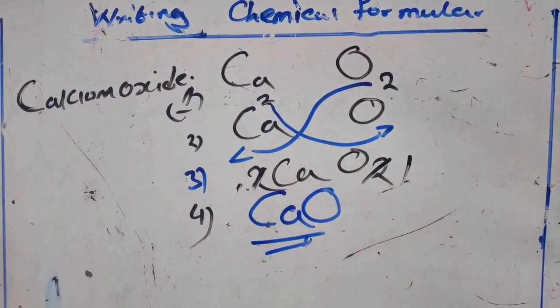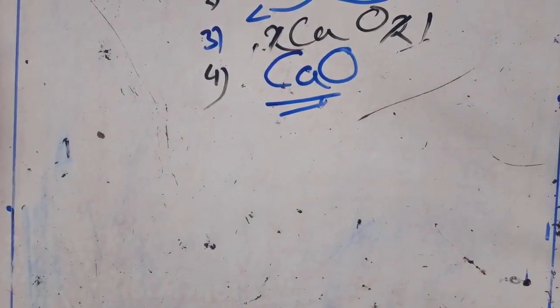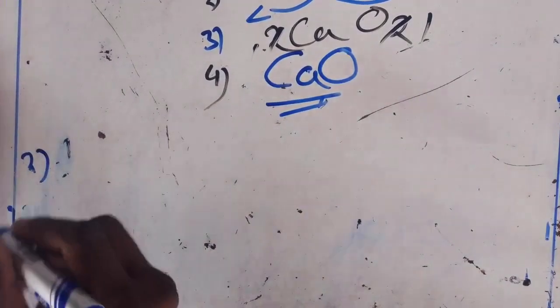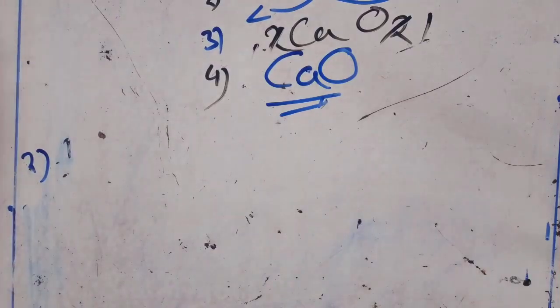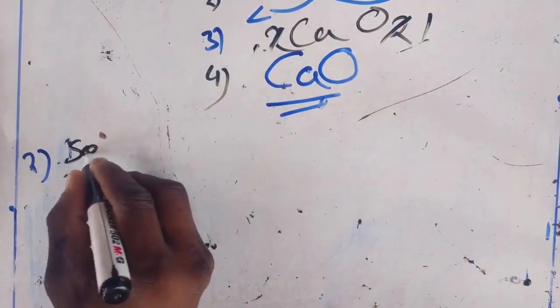So let's go on to the next example. So our example 2 is here, and on example 2 we have been taught to write the chemical formula for sodium hydroxide.